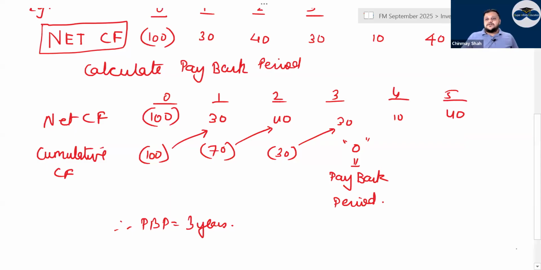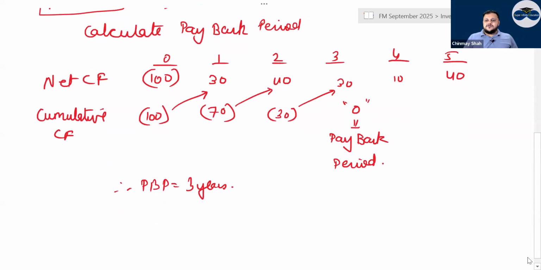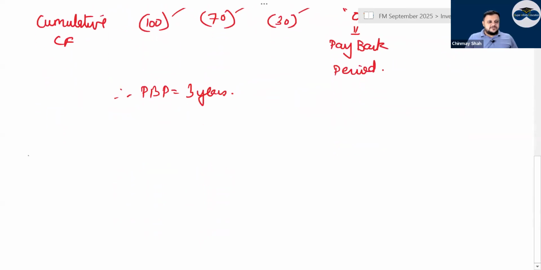Now see, were you able to find out directly 3 years? Tell me your payback period. Write down the next question. Example: net cash flow.